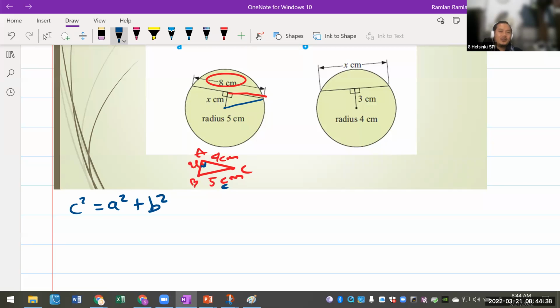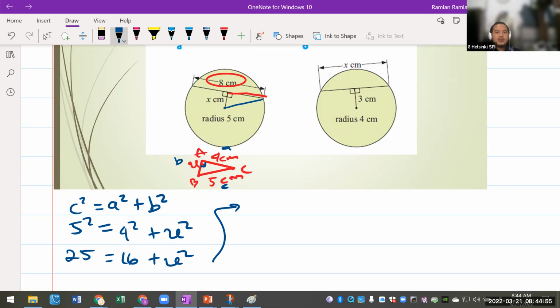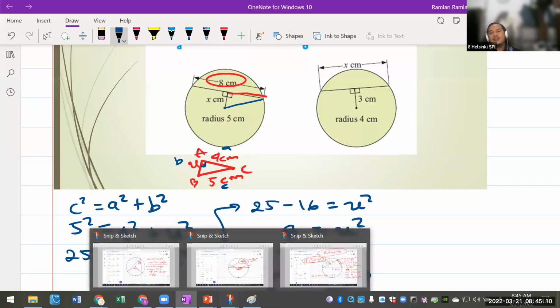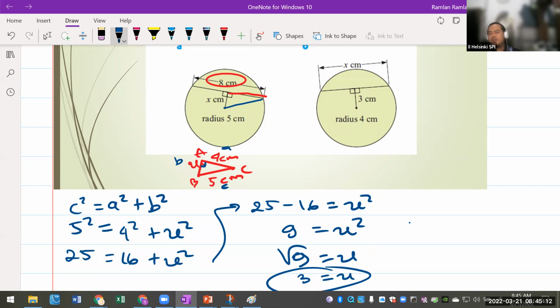So let's put in all the elements: 5 squared is c, A is 4 squared, and B is x squared. 25 equals 16 plus x squared, so 25 minus 16 equals x squared. 25 minus 16 is 9, so x is the square root of 9, which is an integer, 3 centimeters.